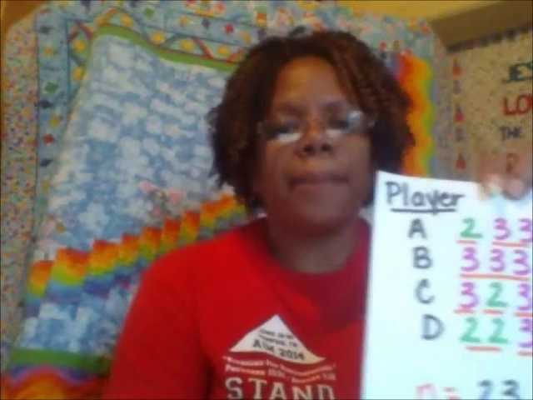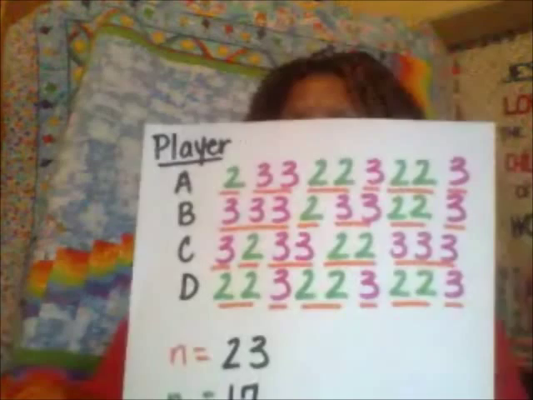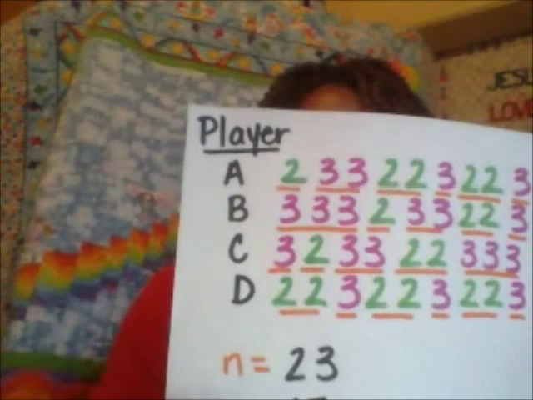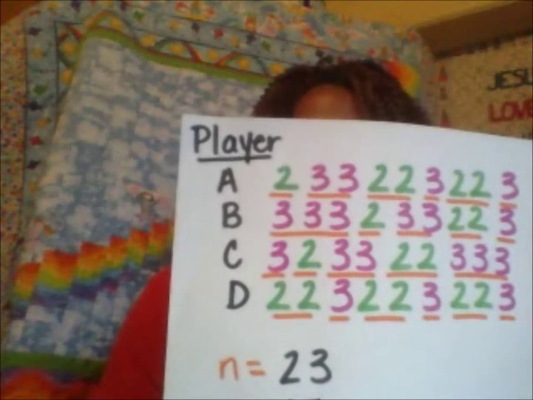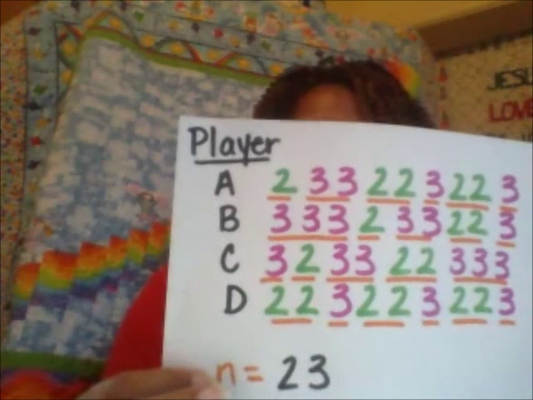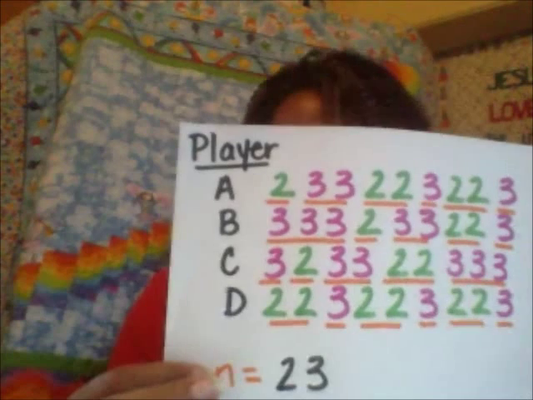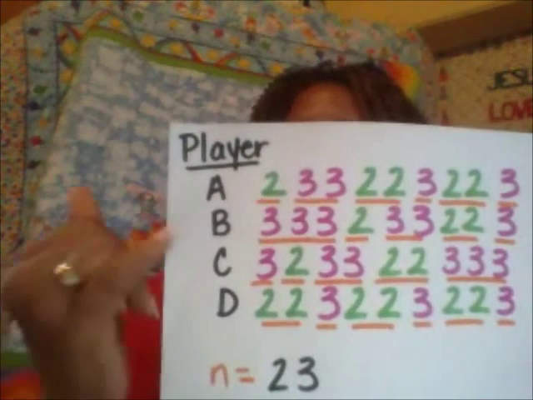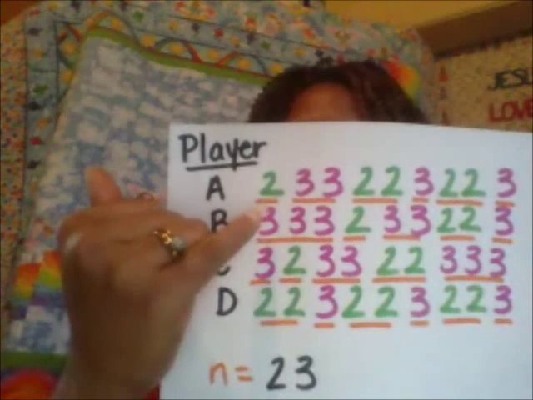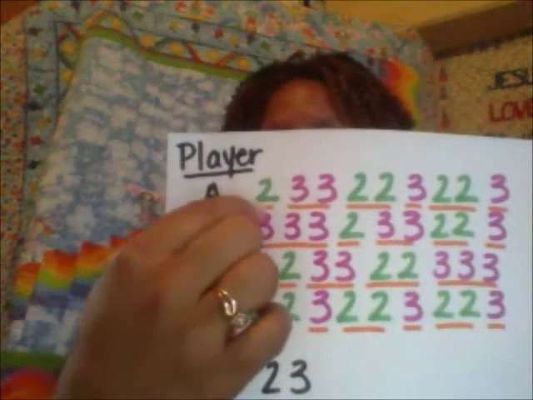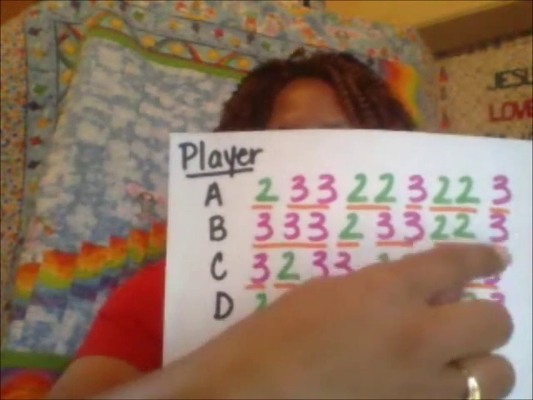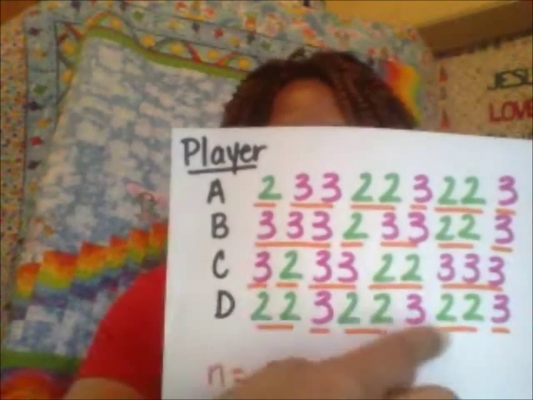So player A: we want to find n, n sub 1, and n sub 2. N is the total sample of the runs. Here we have one run. The underlines and orange are the different runs. We have different runs here, and it's a total of 23 runs.